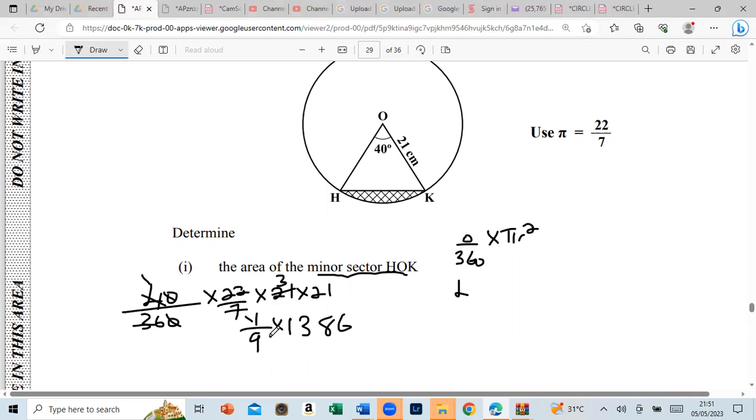Let's see if we can just divide this by 9, and that will give us our answer, for the area of the entire sector, which is exactly 154. Remember, its area is 154 centimeters squared.